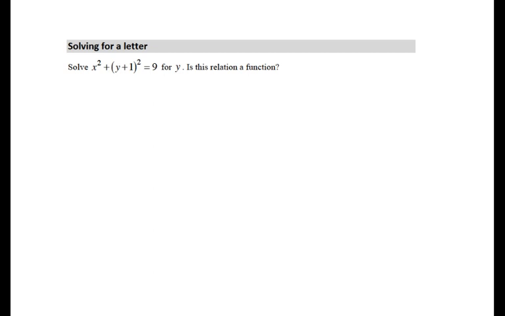While it is theoretically possible to apply the quadratic formula or factoring to a problem of solving an equation in more than one variable for a letter, realistically we're going to see that the square root method tends to apply here. We're given an equation in x and y and asked to just solve it for y.